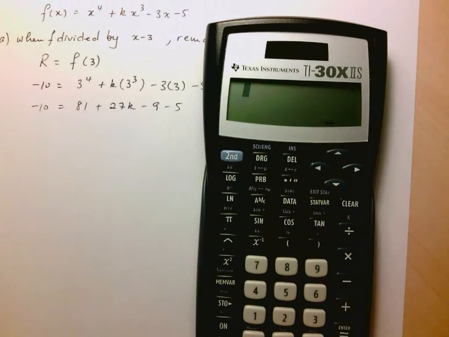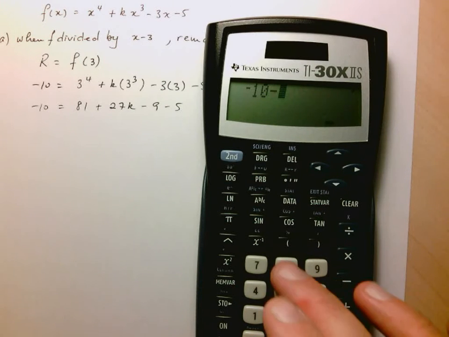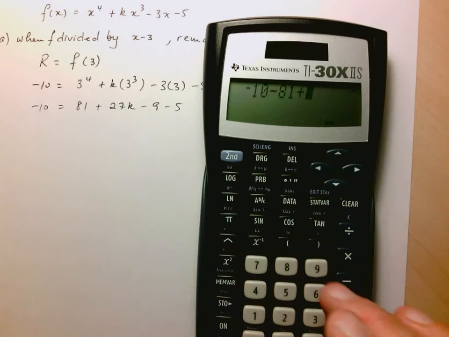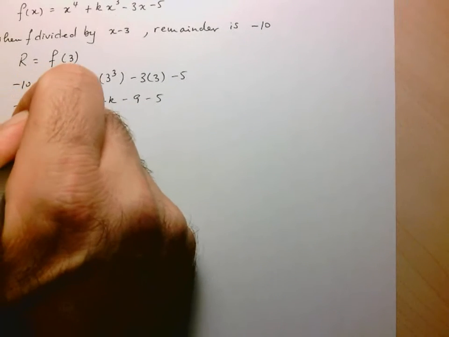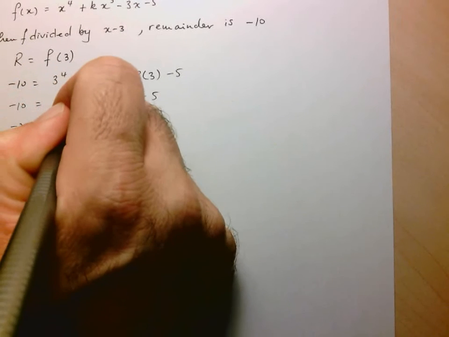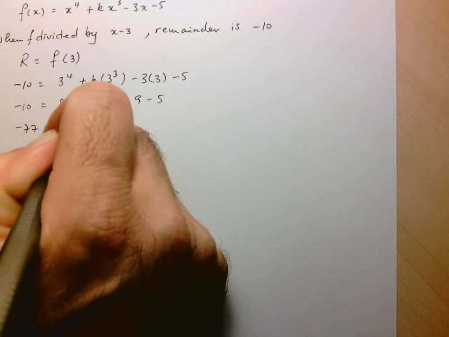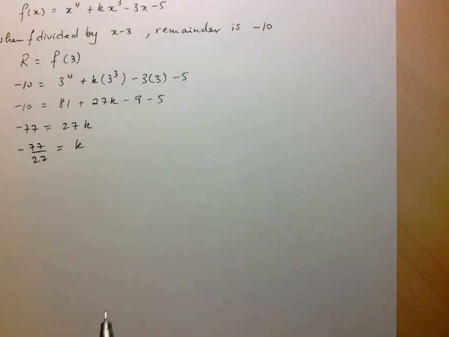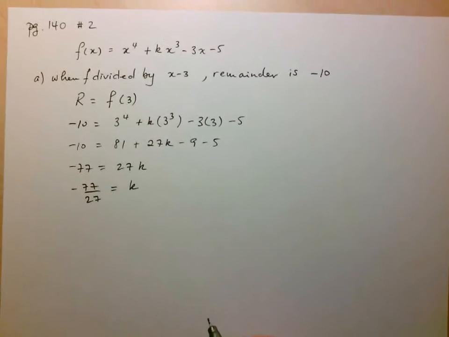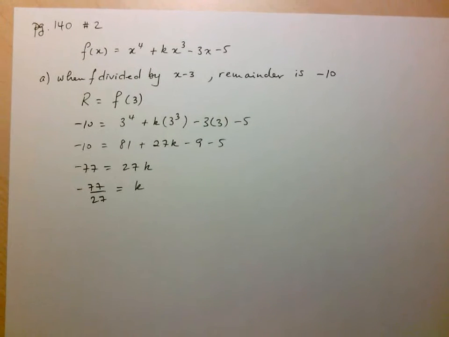We have negative 10, minus 81 plus 9 plus 5, so negative 77. So we have negative 77 equals 27k, and k must be equal to negative 77 over 27. A bit of an annoying answer, but it works nonetheless.